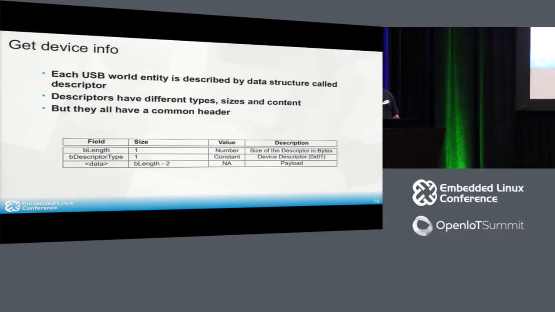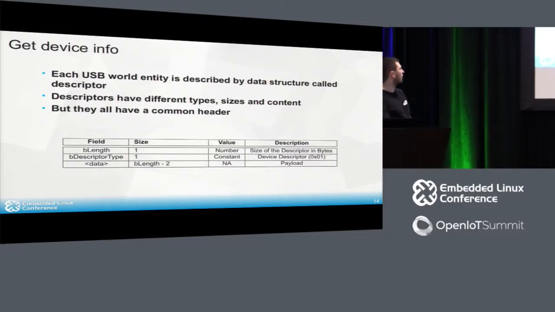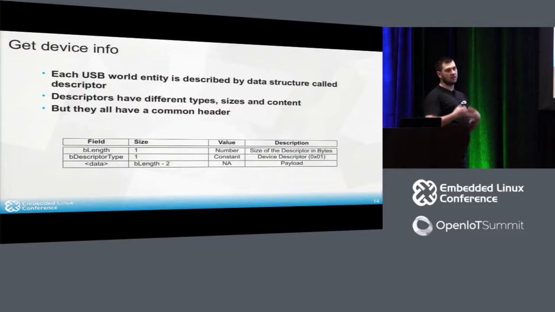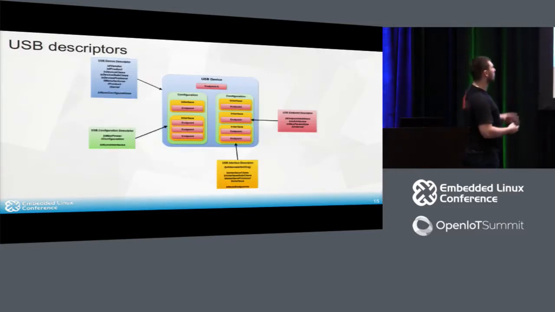OK, how do we get the device information? Well, each entity in the USB world is described with a data structure called the descriptor. Each USB descriptor has a common header, so we are able to easily identify it. OK, the most important descriptors.